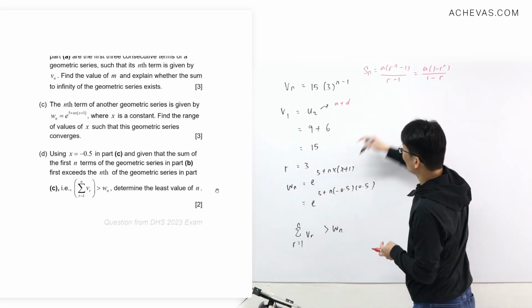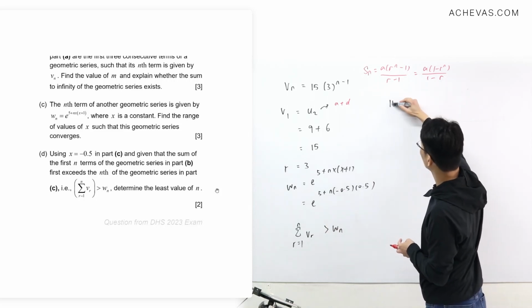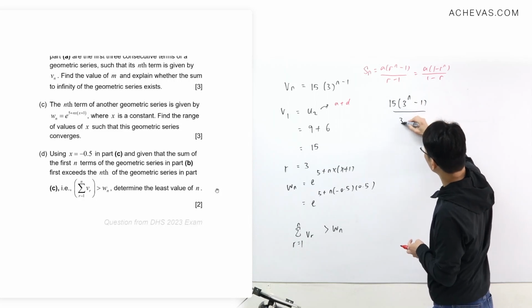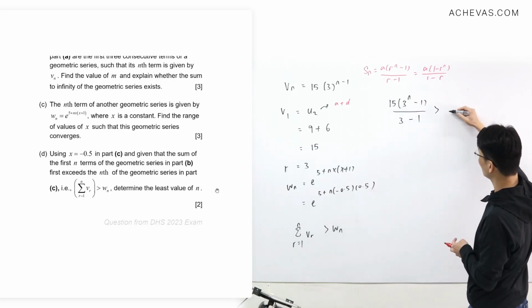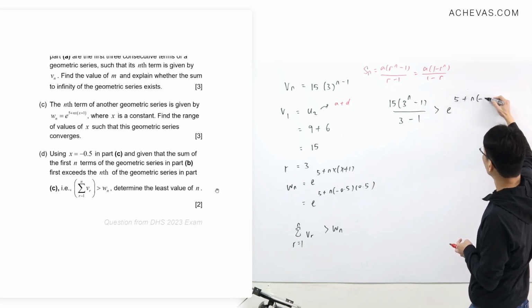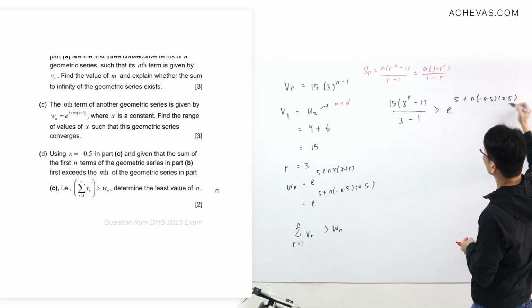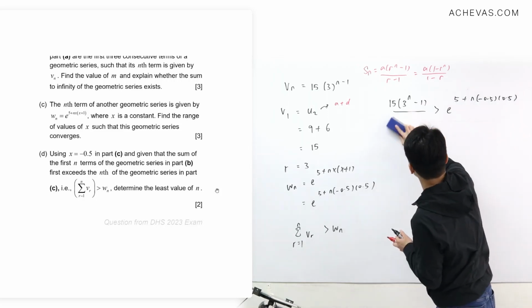For the left hand side, I will be summing the GP and end up with 15 times (3 to the power of n minus 1) over 3 minus 1. The right hand side will be e to the power of 5 plus n times minus 0.5, times 0.5. This one I can just rewrite to be equal to 2.